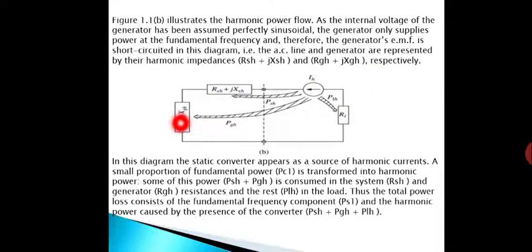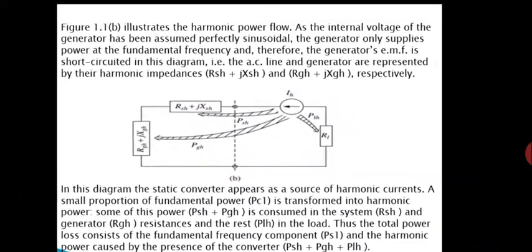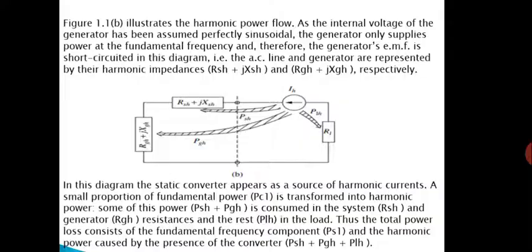So this is equivalent impedance of that generator, and this is equivalent impedance of the transmission line. So this IH is the harmonic current that is consumed by the converter. And PLH, we can see PLH is the power which is consumed by the RL load respectively.